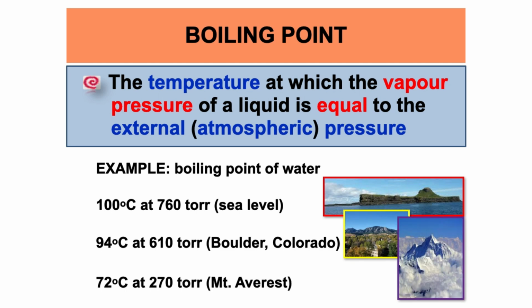As you can see, the boiling point of water at sea level is 100 degrees Celsius, and then it becomes 94 degrees Celsius at Boulder, Colorado, and 72 degrees Celsius at Mount Everest. Why does this happen? Yes, this is because all of these places have different atmospheric pressures.